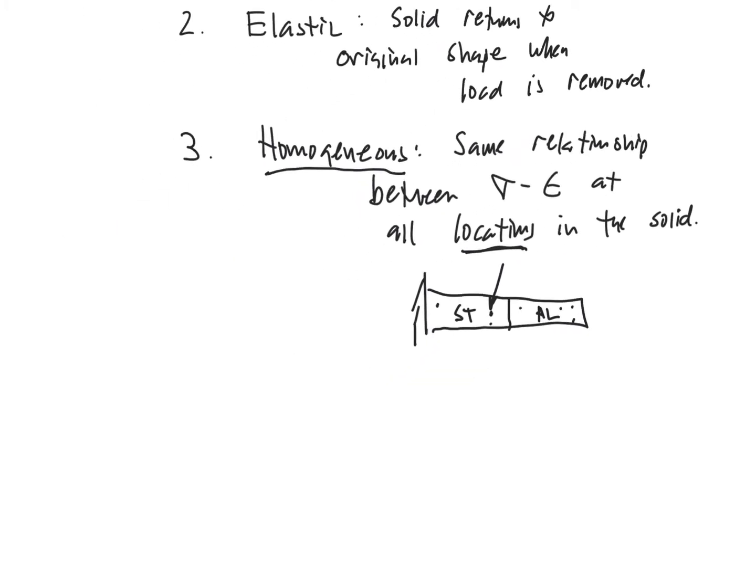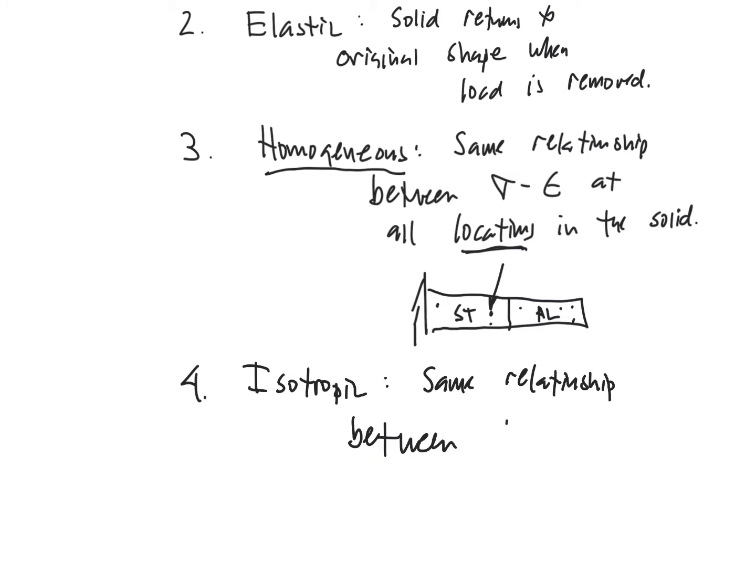The fourth and final phrase that we're going to use to describe our material and our stress-strain law is isotropic, which means same direction. So that means that we have the same relationship between stress and strain in all directions. Period.